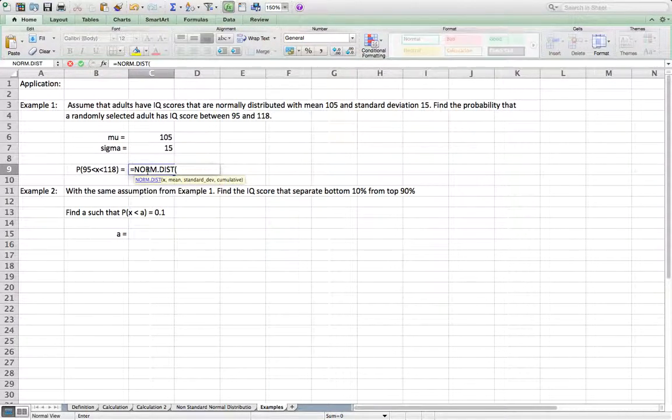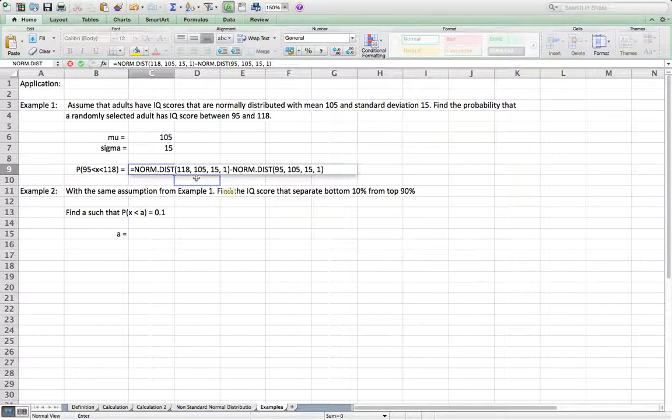So we will use NORM.DIST. One X value is 118, the mean is 105, the sigma is 15, and I want the cumulative. This formula calculates the area on the left side of 118. Then you need to subtract the area on the left side of 95: X is 95, the mean is 105, the sigma is 15, cumulative.